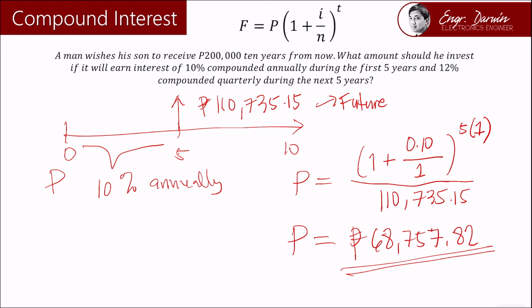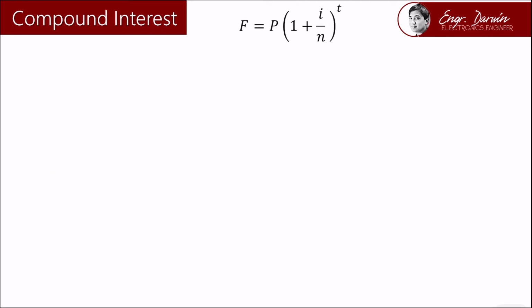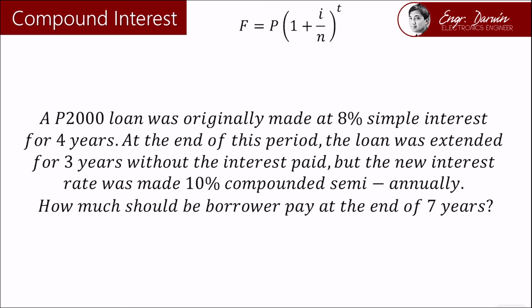This means that if the father invested almost 68,000 peso with this setup of 10% compounded annually for the first 5 years and then 12% compounded quarterly for the next 5 years, sigurado tayo that his son will receive a total amount of 200,000 peso after 9 years. Okay, hopefully, you learned something out of the solution that we had.